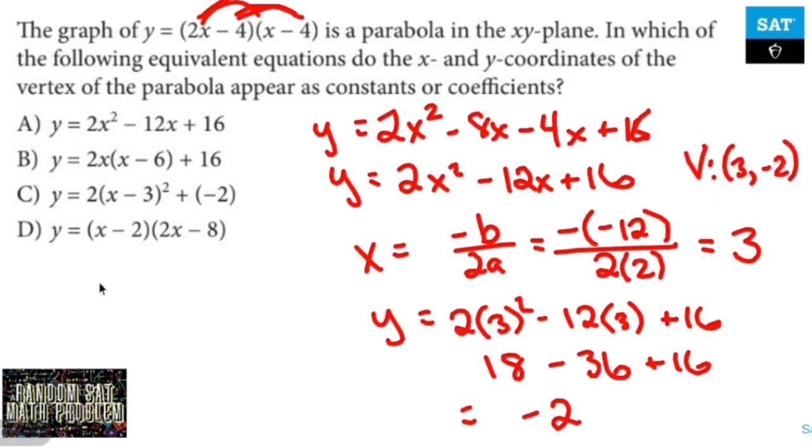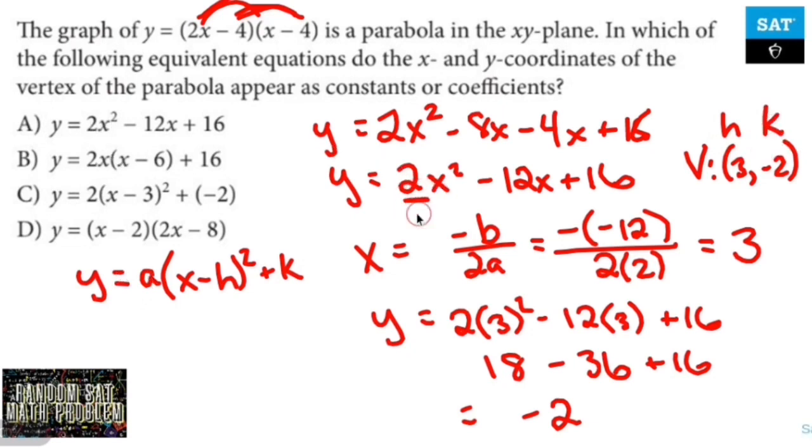Vertex form is the equation y equals a times x minus h squared plus k. h is the 3, k is the negative 2, and a is the same a that we see here.